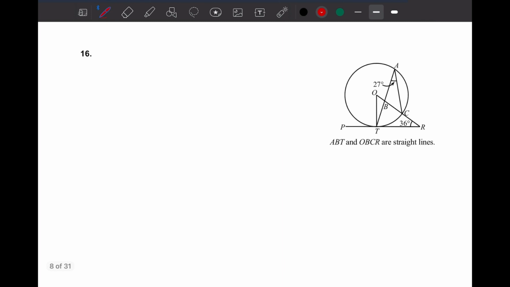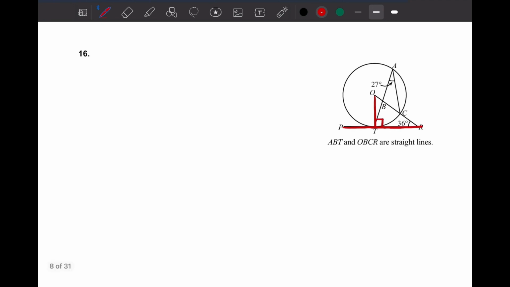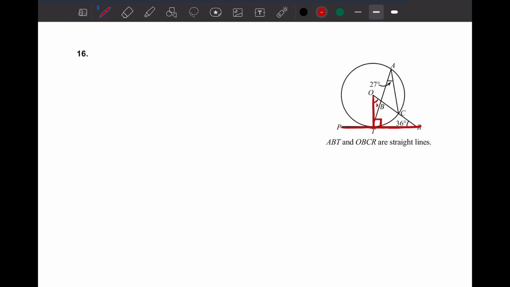So how about we look at 16 as well. So again, prove whether it is a tangent or not. So we want to know whether this is 90 degrees. This time you've got 36 in the same triangle with it, and probably you want to find this angle. If you find this angle, then you can use your angle sum of triangle to figure out whether your angle OTR is 90 degrees.